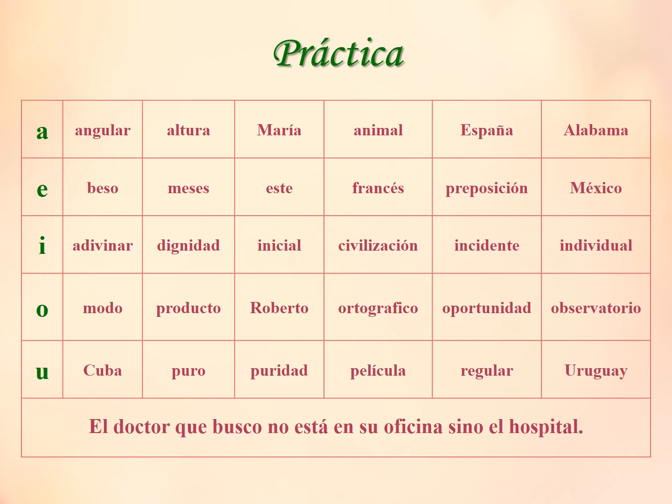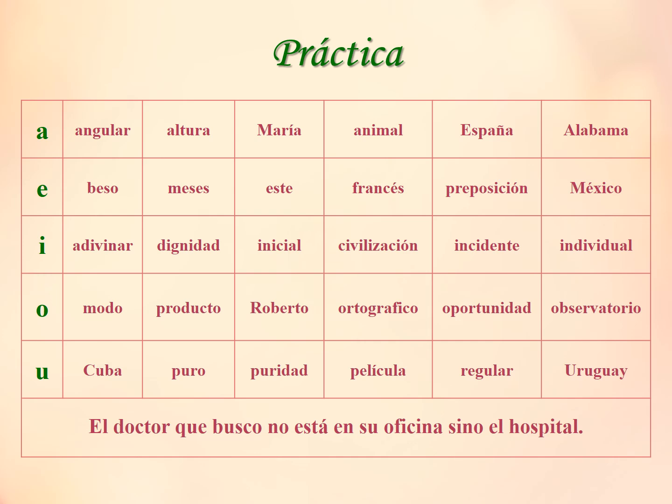Then we want u. So try this, u, u, u. And going on, Cuba, Cuba, puro, puro, puridad, puridad. Now in English that would be purity. Do you hear the Y? Purity, but we just want u in Spanish. So one more time, puridad.